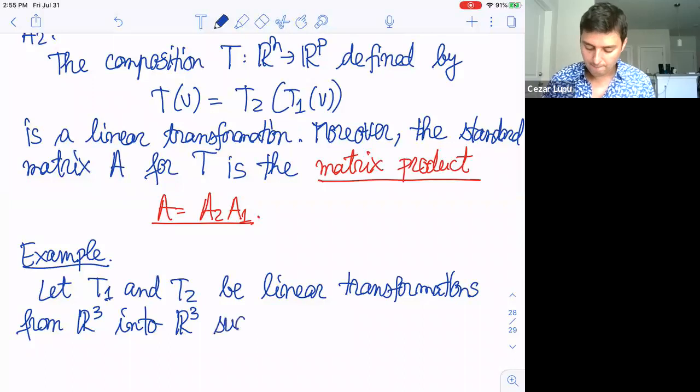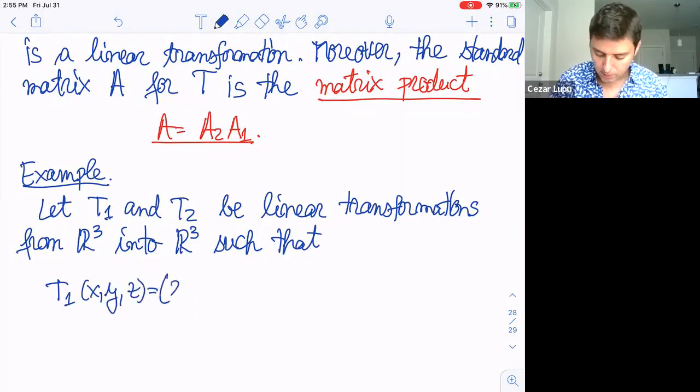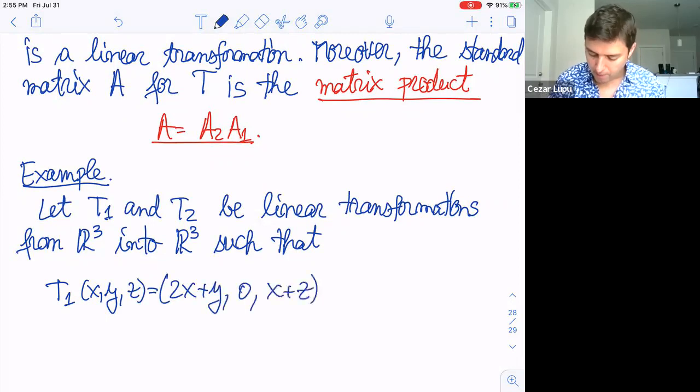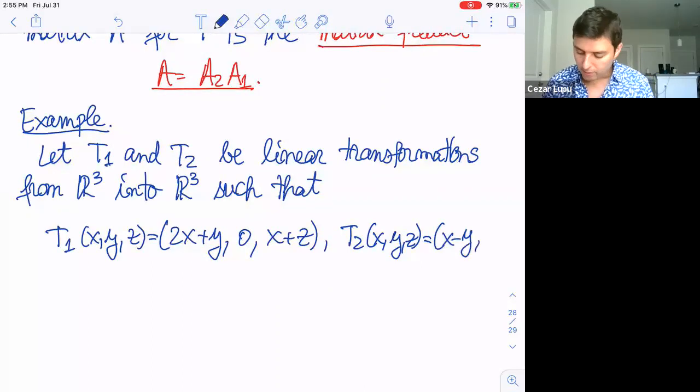Such that T1 of xyz is 2x plus y, 0, x plus z. And now let's look at T2. Okay, I'm going to write it here. T2 of xyz. As you can see, both of them are defined from R3 to R3. So T2 of xyz will be x minus y, z and y. Pay attention here.